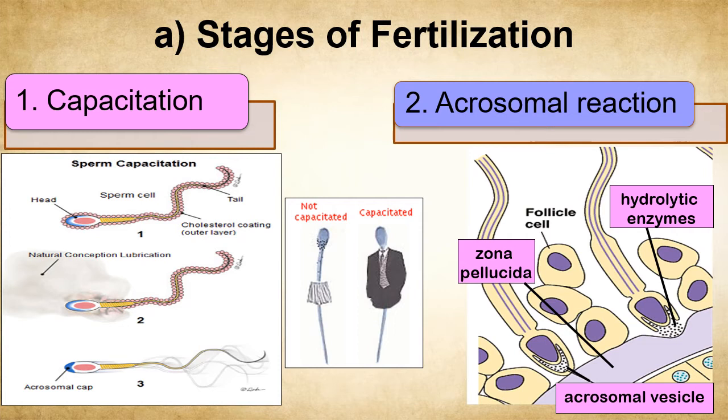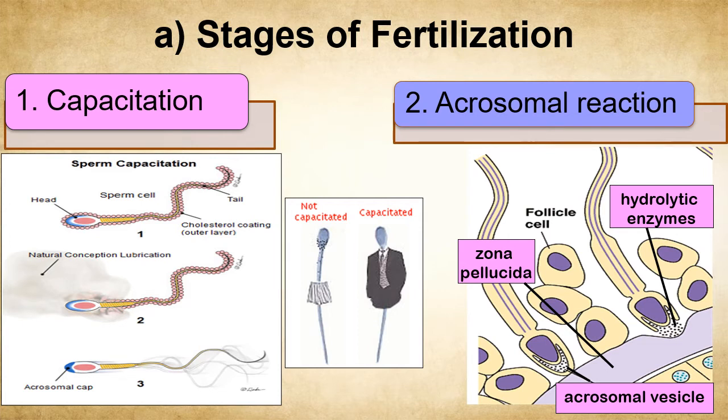Certain molecules on the sperm are altered, for example, the removal of the cholesterol coating from the membrane of the sperm. It increases the motility of sperm and exposes the acrosomal cap for the acrosomal reaction. In other words, capacitation is preparing the sperm to meet the egg, like the well-groomed or capacitated sperm that is going out for dating with an egg.